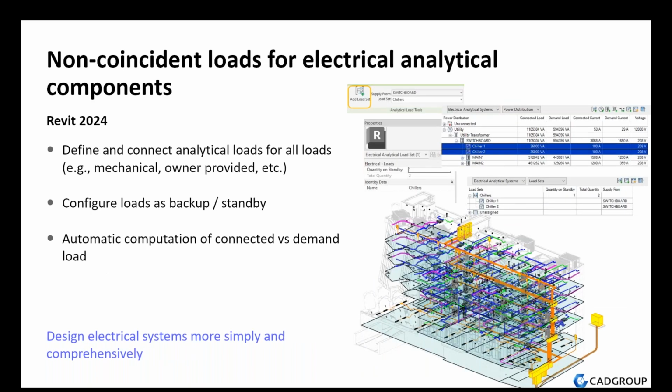And you can also take those loads and tie them to mechanical or other types of analytical loads as well. So of course, your electrical systems might also have those demand loads created by things like mechanical systems.